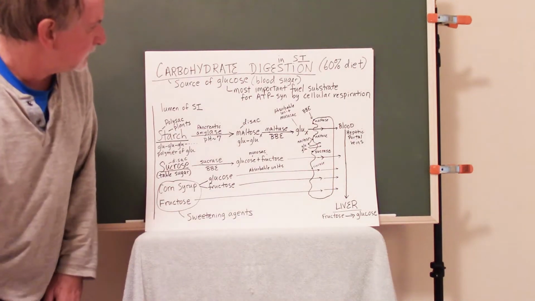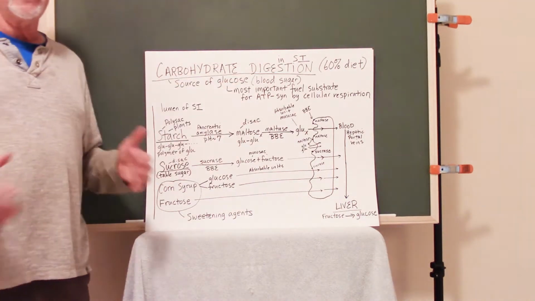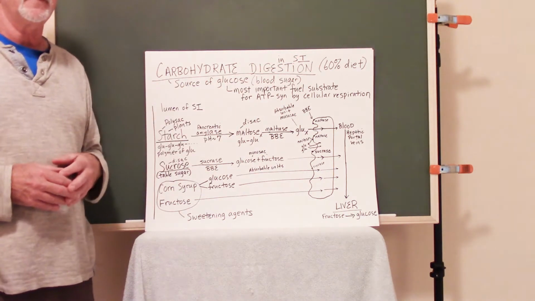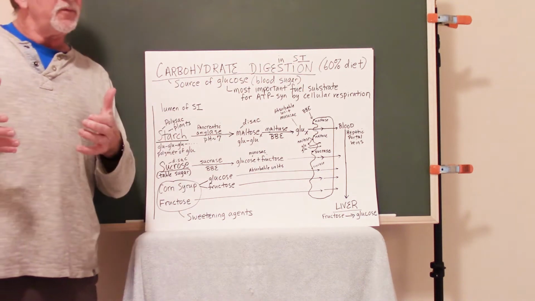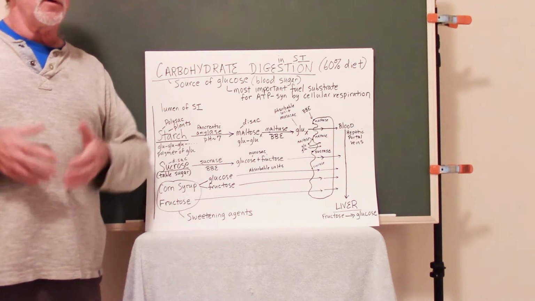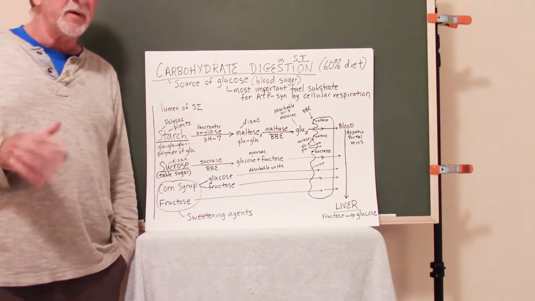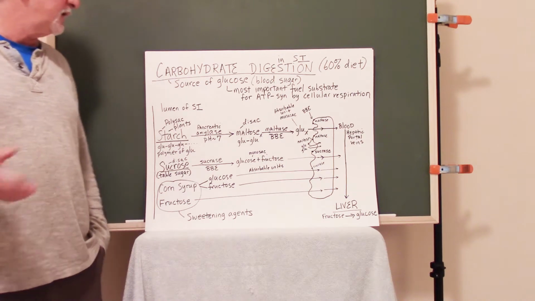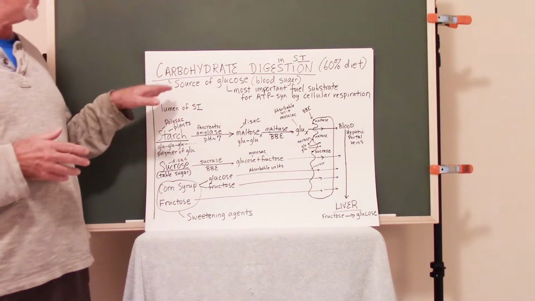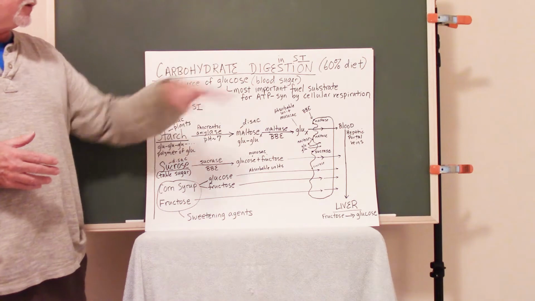So now let's get down to carbohydrate digestion in the small intestine. Carbohydrate forms about 60% of our diet. And one of the most important things about carbohydrates in food is that they ultimately serve as a source of glucose or blood sugar.